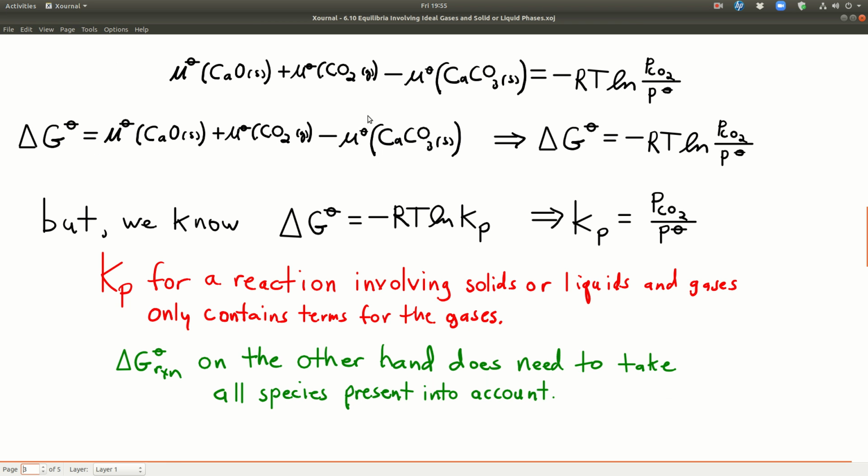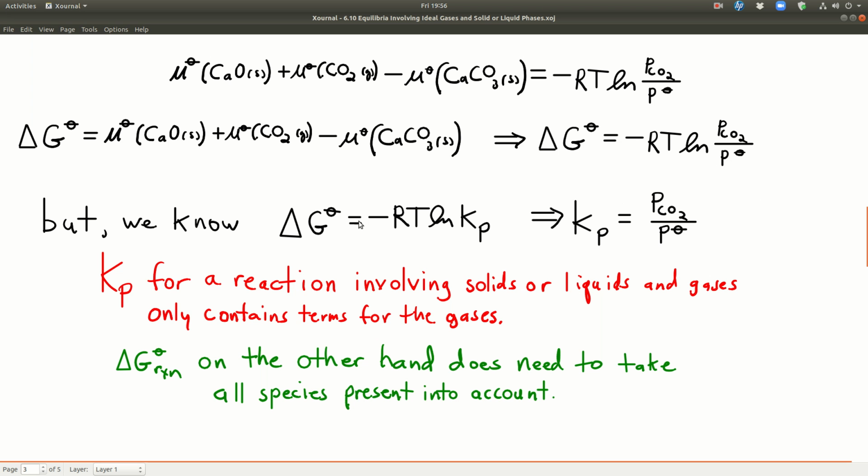But we also know that delta G under standard conditions is equal to the difference in the chemical potentials, products minus reactants, which is this term right here. So delta G under standard conditions is equal to negative RT ln of the partial pressure of carbon dioxide over the standard pressure.